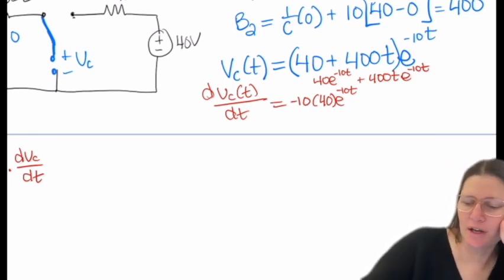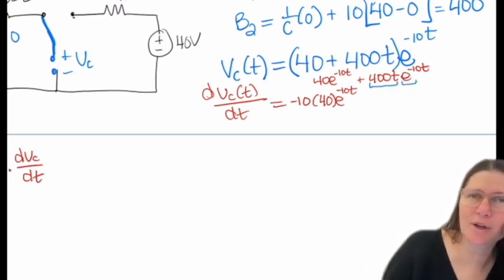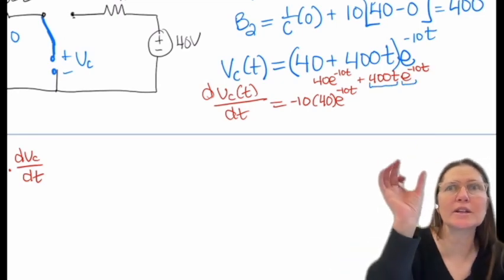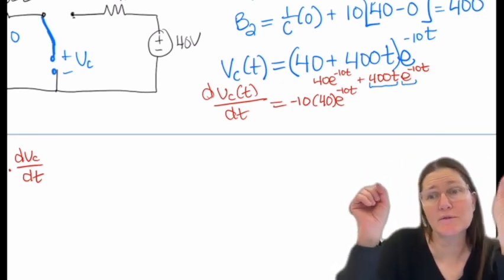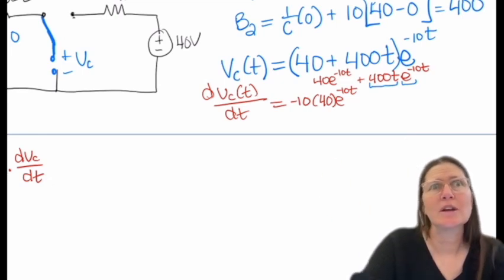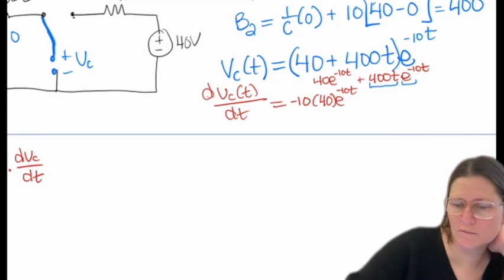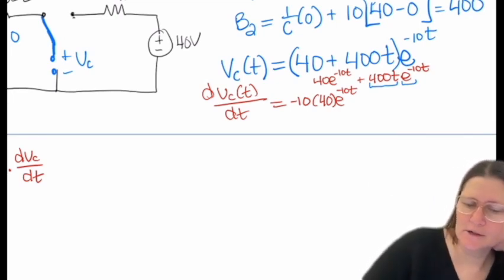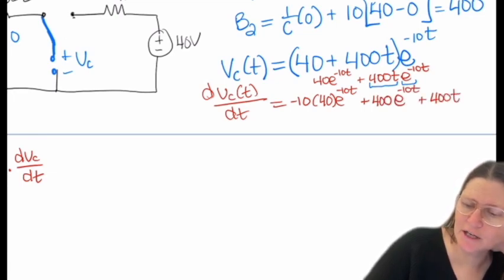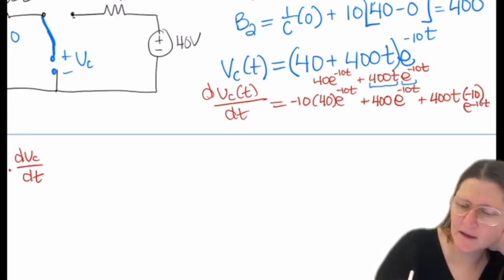The second one, you have to use the rule where you have a product of two terms. You take the derivative of the first term, leave the second term, and then add the derivative of the second term and leave the first term. So the first term derivative will be 400, and I leave the second term alone, and then I leave the first term alone and take the derivative of the second term, which is minus 10e to the minus 10t.